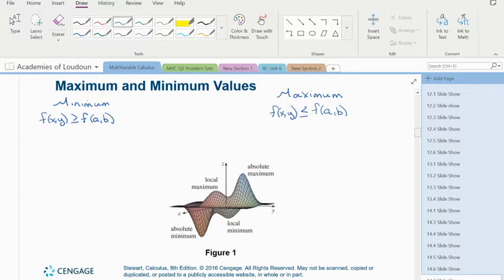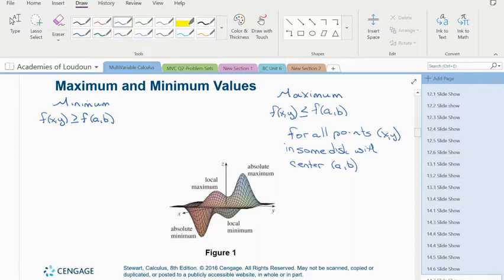This means that our function f(x, y) is less than or equal to our function at (a, b) for all points (x, y) in some disk with center (a, b). The number is then going to be called a local maximum.